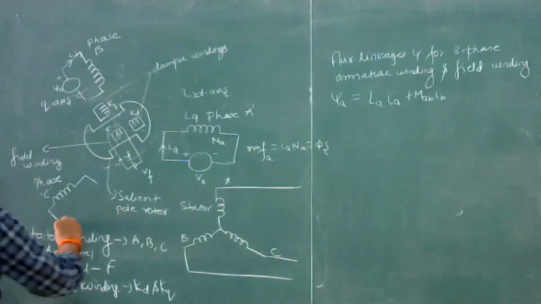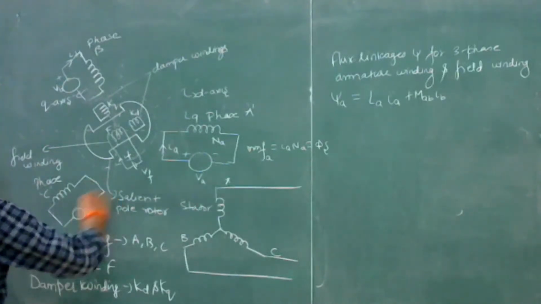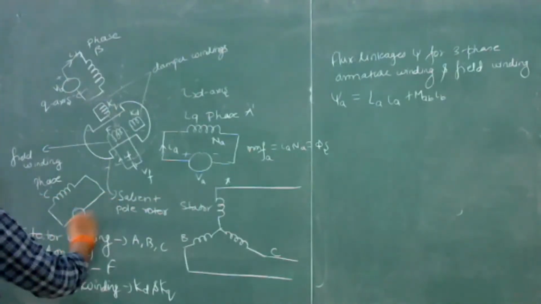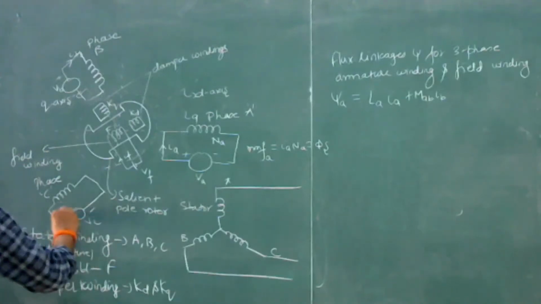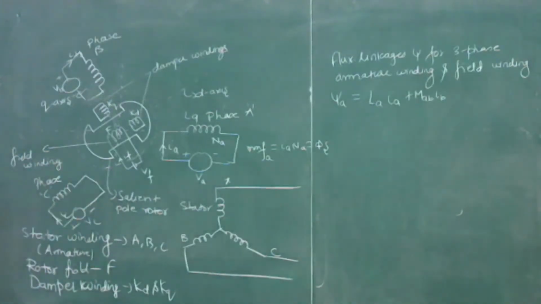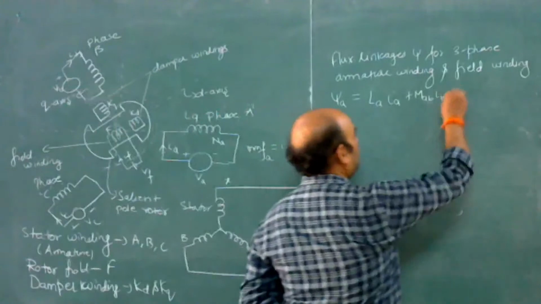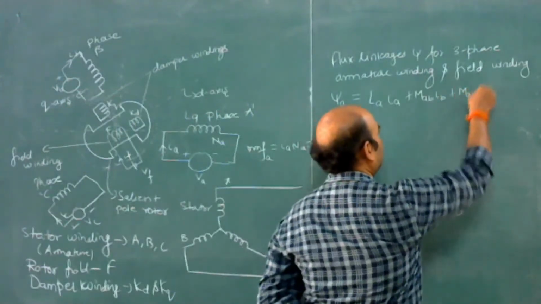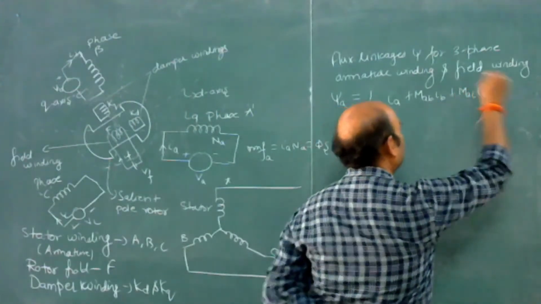Similarly, when we excite this phase winding, this is plus minus VC, current IC is flowing through this winding. So this will be MAC into IC.